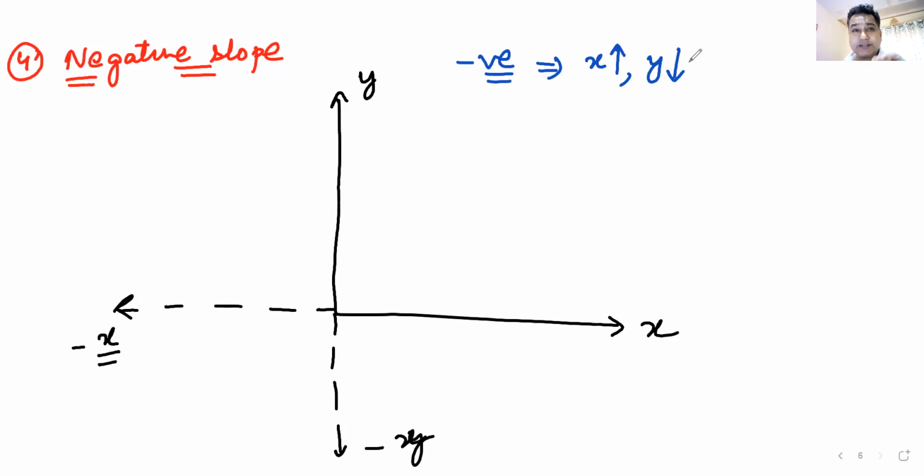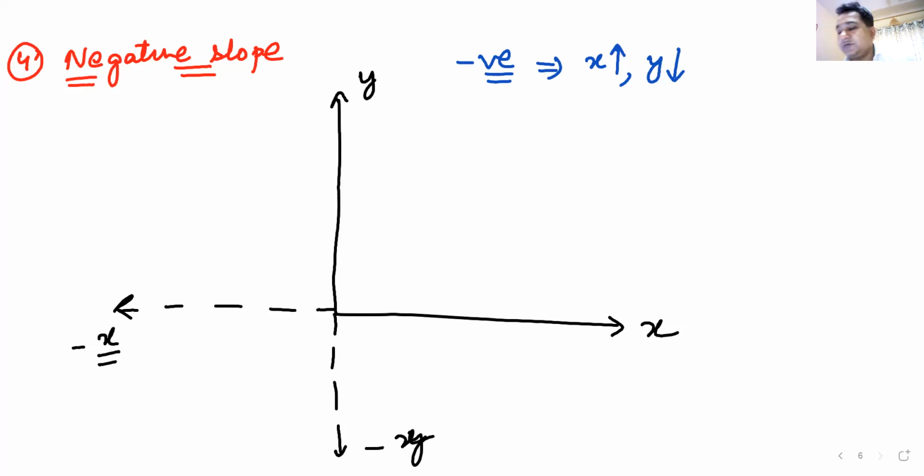Now, if x increases and y decreases, can you apply some common sense and tell me in which quadrant this graph will lie? X increasing, y decreasing, which quadrant do you think that this graph lies? Not second and fourth, Kartik.